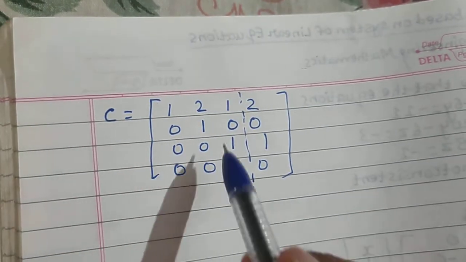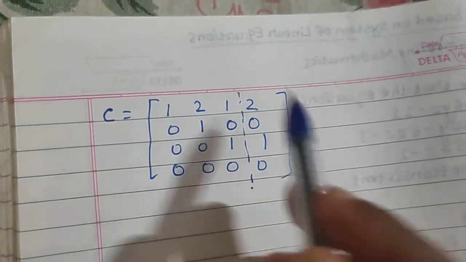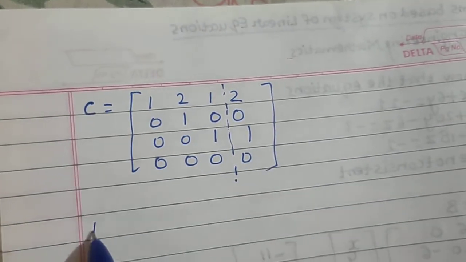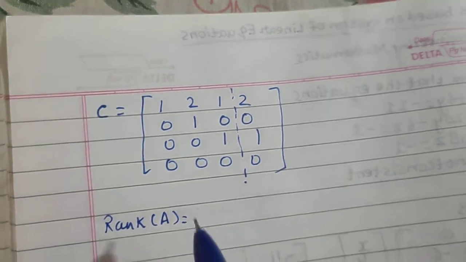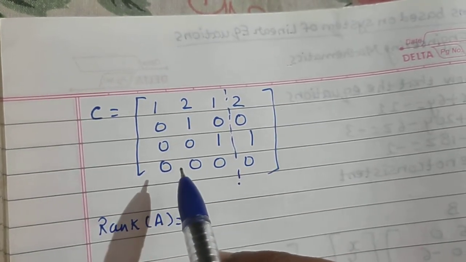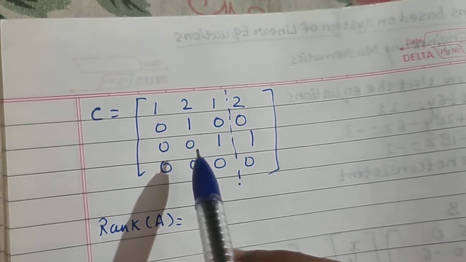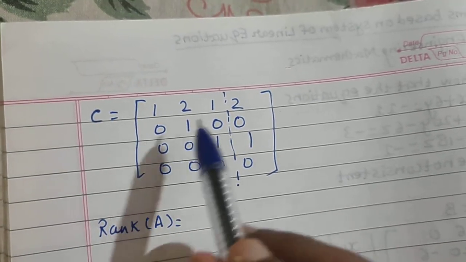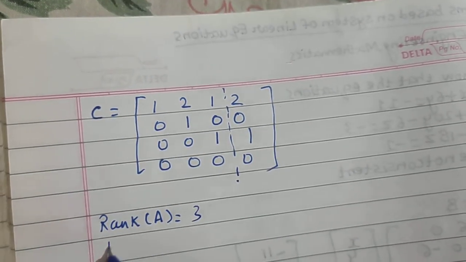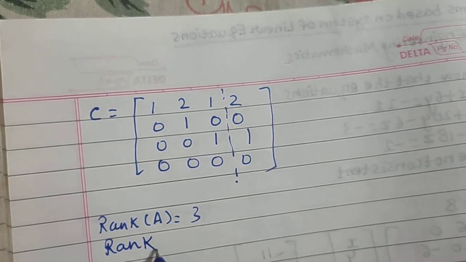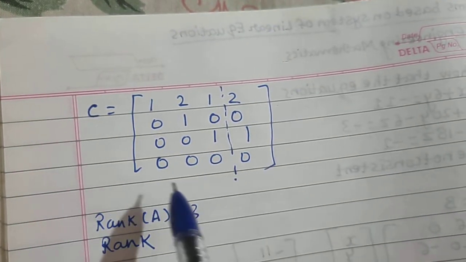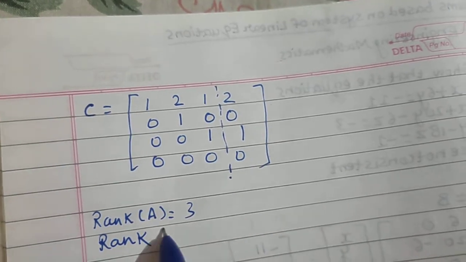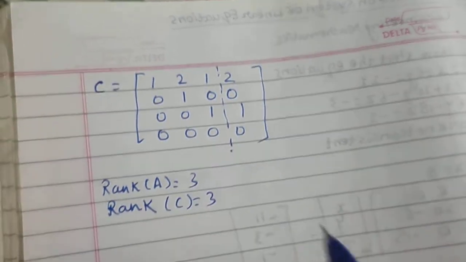This is your matrix A and this entire is your augmented matrix. So rank of A, if you want to find, number of non-zero rows in matrix A is 1 2 3, so that is 3. Rank of this augmented matrix, if you want to find, in the entire matrix only one row is completely 0, so rank of augmented matrix will also be 3.